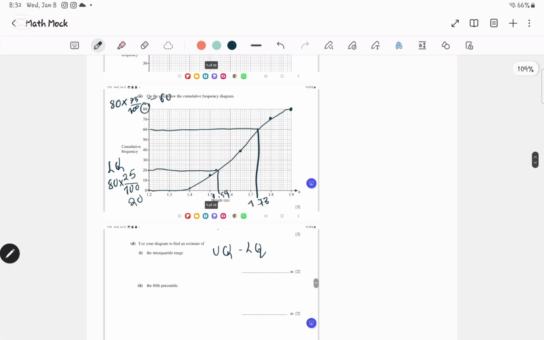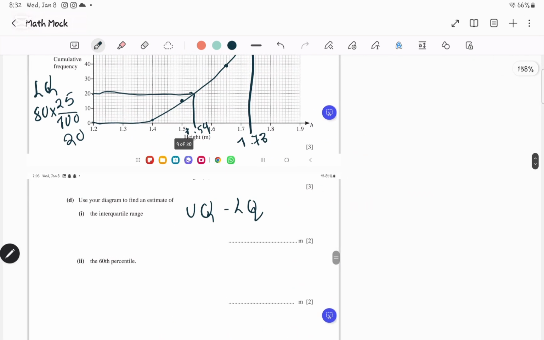So to find the interquartile range, it is 1.73 minus 1.54, and it is 0.19 meters.